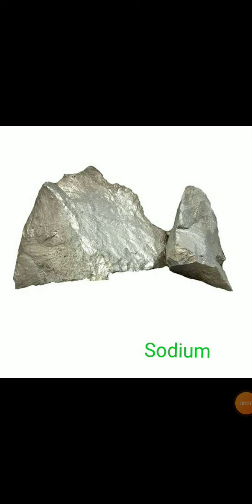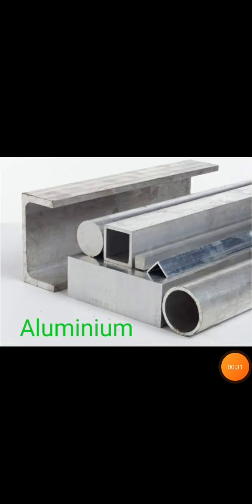The highly reactive metals such as sodium and aluminium are used as reducing agents because they can displace metals of low reactivity from their compounds. We have learned that metals of high reactivity will displace metals of low reactivity from their compounds. So these are highly reactive metals, so they are used as reducing agents.